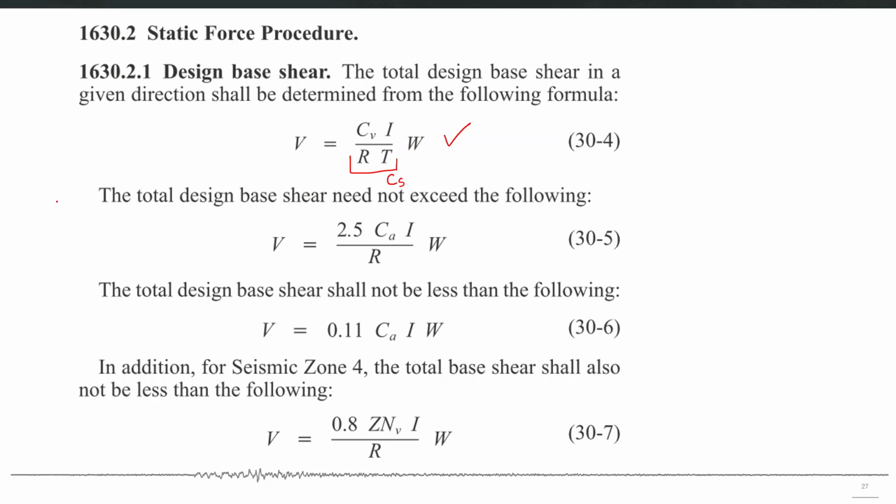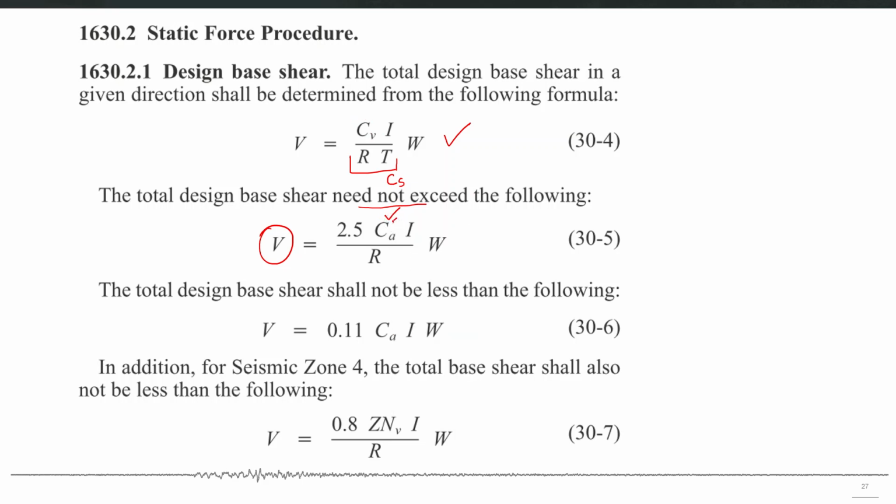So now there are different limits on this base shear. For example, the total design base shear need not exceed the following. So this is the maximum base shear which is allowed, and now it is a function of CA. CA is the seismic hazard coefficient for acceleration, similar to CV, which was the seismic hazard coefficient for velocity.